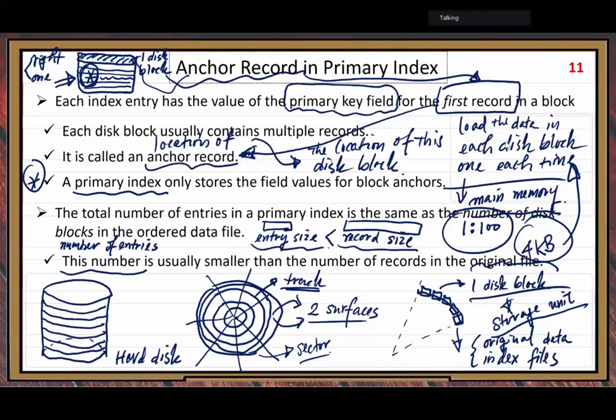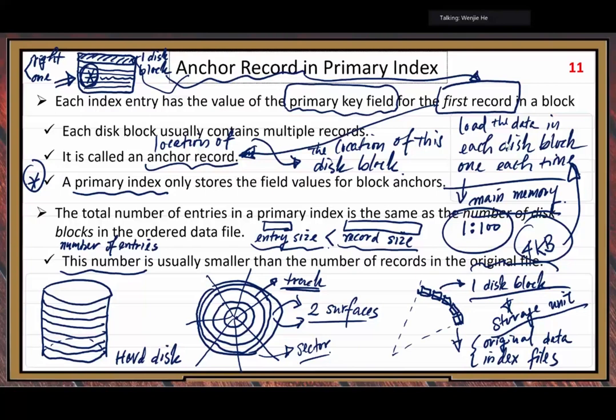Second, the number of index entries is 1/20 or 1/30 of the number of original records. That is another reduction. So you have these two reductions.